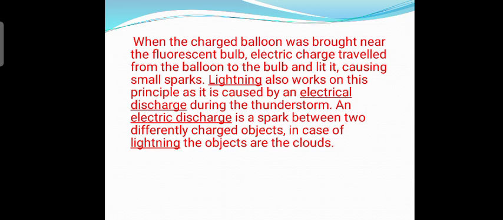Lightning also works on this principle, as it is caused by an electrical discharge during the thunderstorm. An electric discharge is a spark between two differently charged objects. In case of lightning, the objects are the clouds.